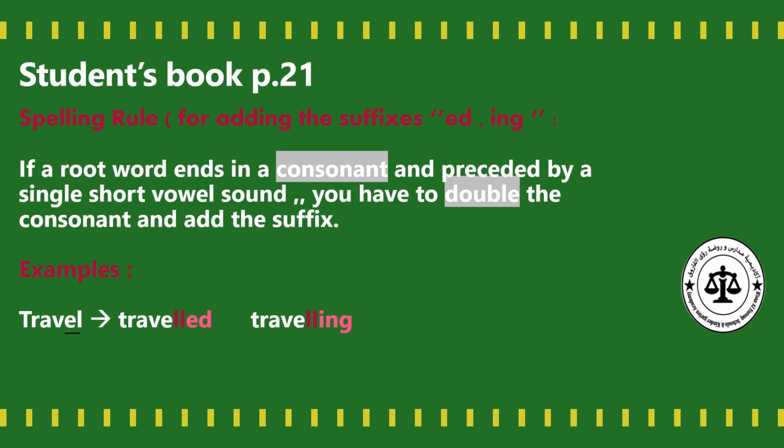So if we have one vowel, we have to double the consonant at the end of the word if we want to add the suffix ed or ing, as we see here. Travel, traveled, traveling.